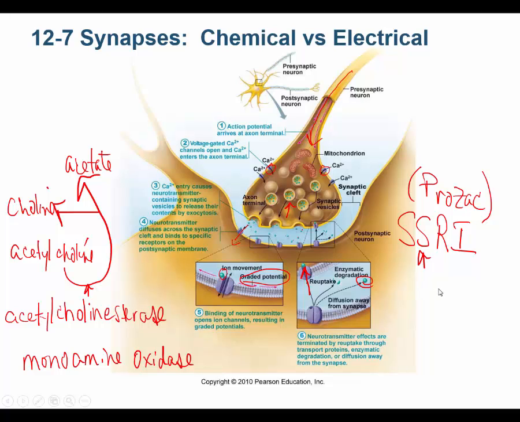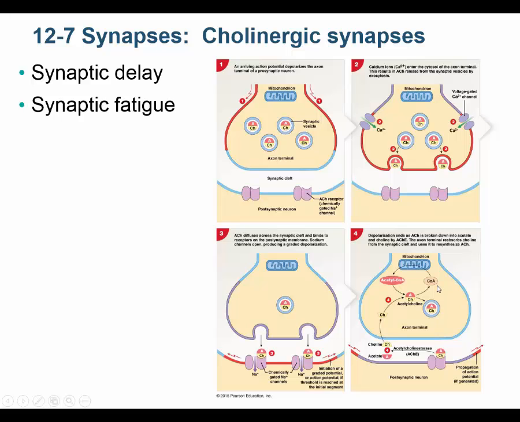So that's a chemical synapse, and this is just another way of showing the chemical synapse. It's not as pretty as the previous picture, but here comes my impulse right there. My impulse opens voltage-gated calcium channels, and here comes my calcium inside. Now my calcium causes these synaptic vesicles to fuse and release. Now I have acetylcholine in my synaptic cleft right here, and they bind its receptor and open sodium channels.